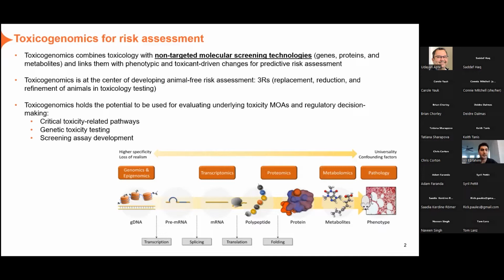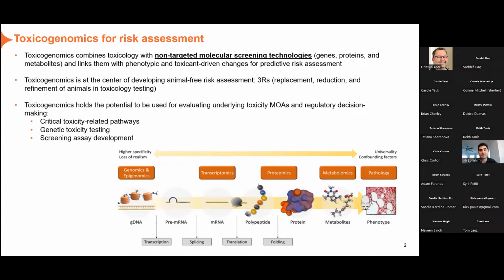And this is being done by designing screening assays and identifying biomarkers for adverse outcome pathways, for genetic toxicity testing, and biomarkers for different sorts of injuries and toxicities.